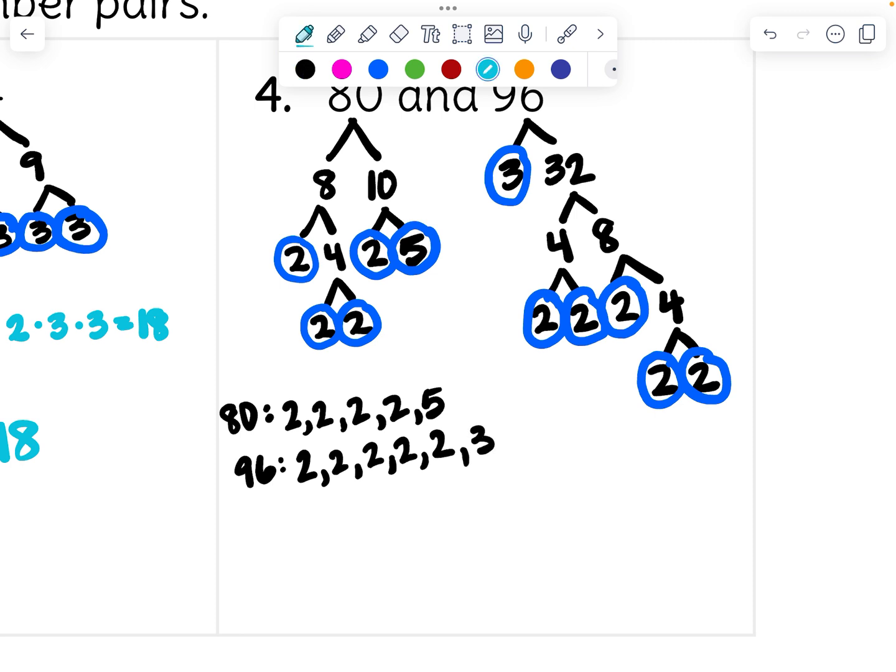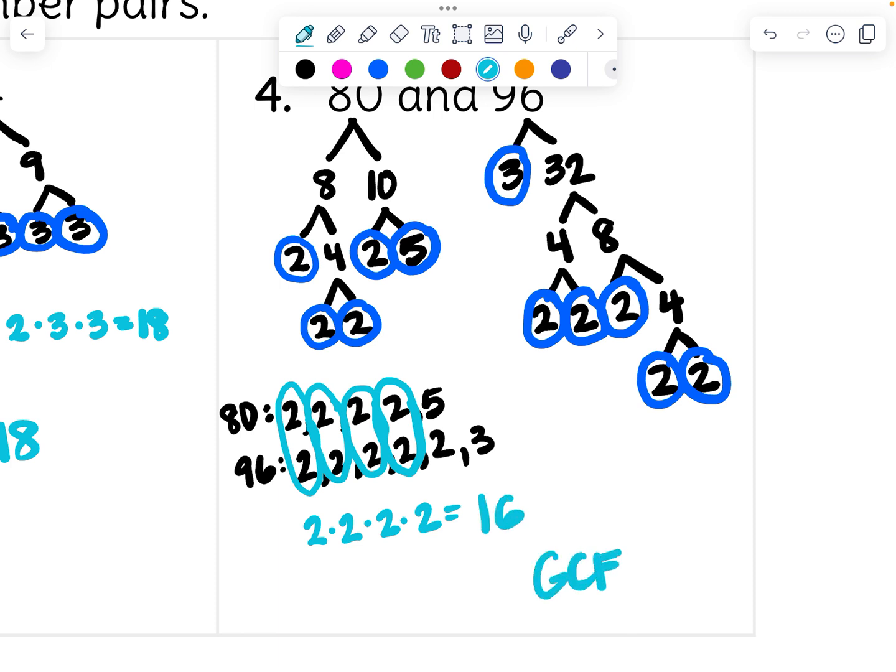So what do they have in common? They have 1, 2, 3, 4 2's. So multiply 2 times 2 times 2 times 2. That equals 16. So my GCF for 80 and 96 is 16.